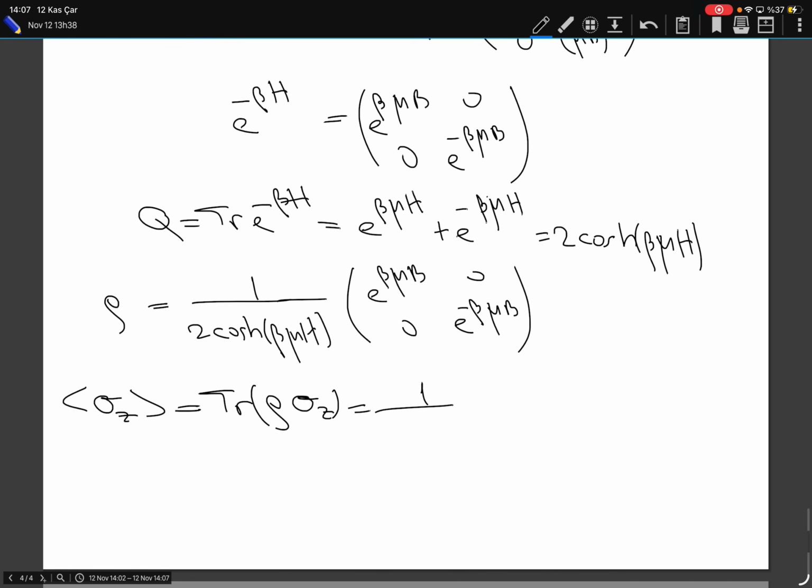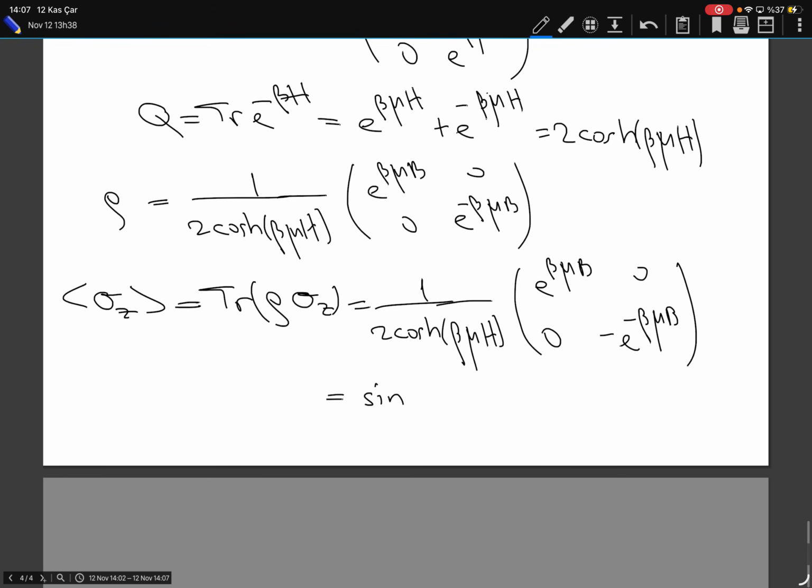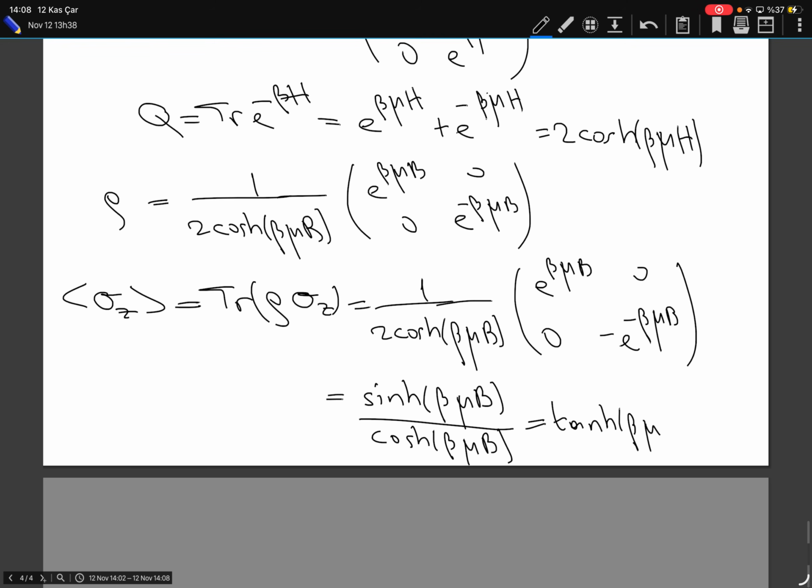This will be 1 over twice cosine hyperbolic beta mu B times the trace of the diagonal matrix with e to the power beta mu B and minus e to the power minus beta mu B, which is just sine hyperbolic beta mu B divided by cosine hyperbolic beta mu B. If you check your notes, these are what we had also obtained before.